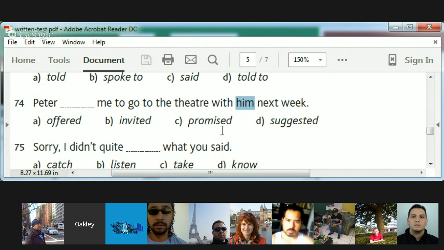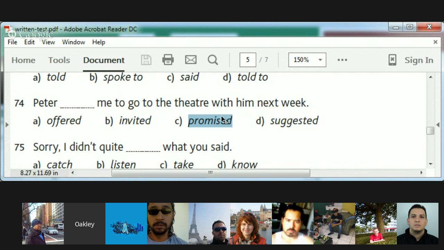Peter promised me that he would go to the theater... every time I use "promised," I really want to use a relative clause: "promised to go to the theater with me." He invited me. He promised me. See, Peter promised to go to the theater with me. I can't use "me" there.